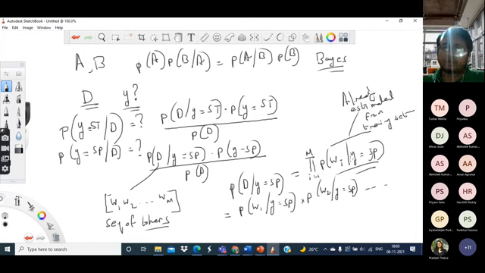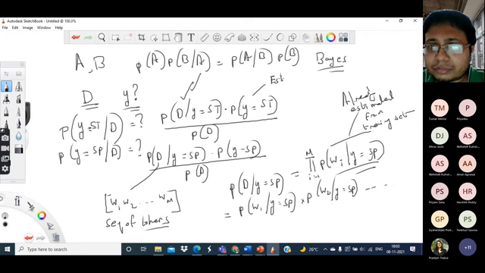By multiplying all these probabilities, I can get this quantity.